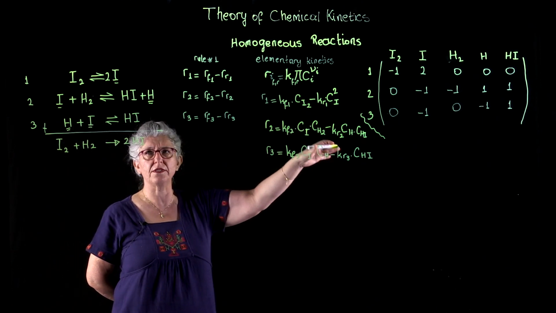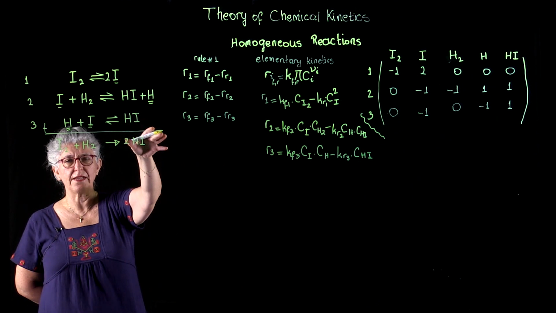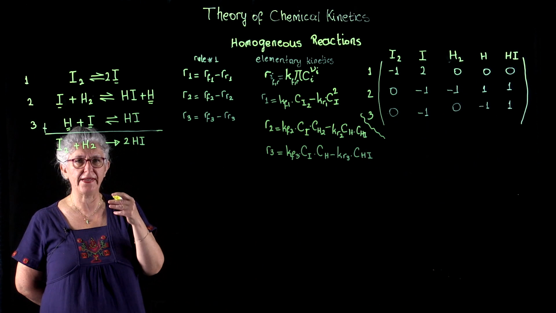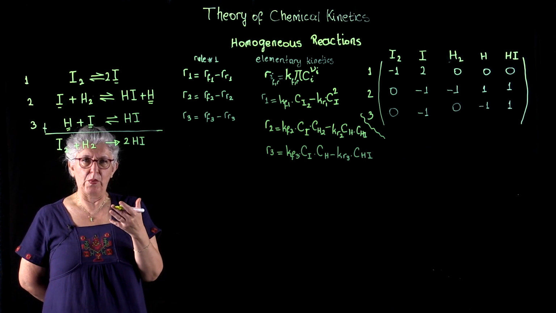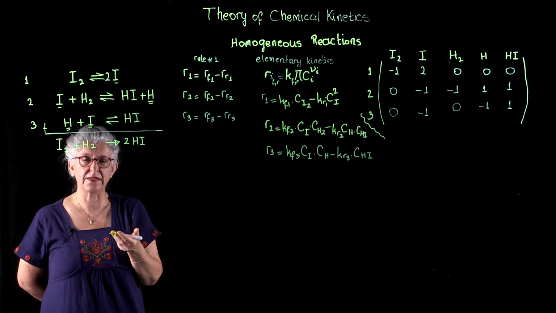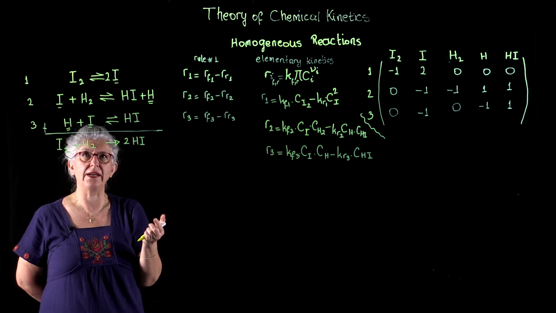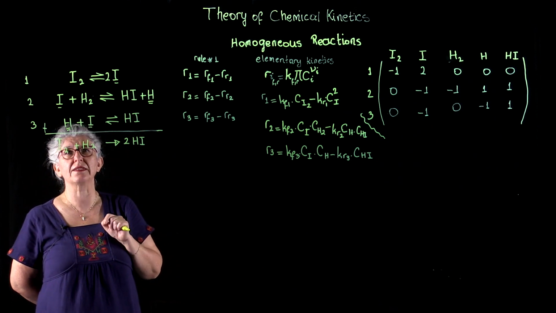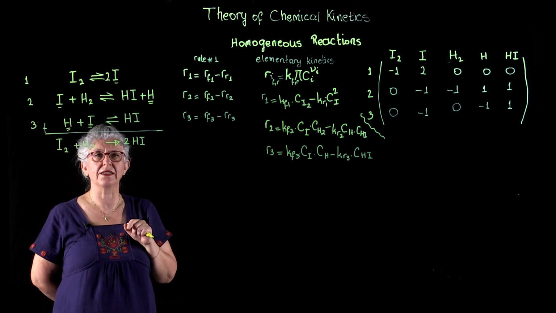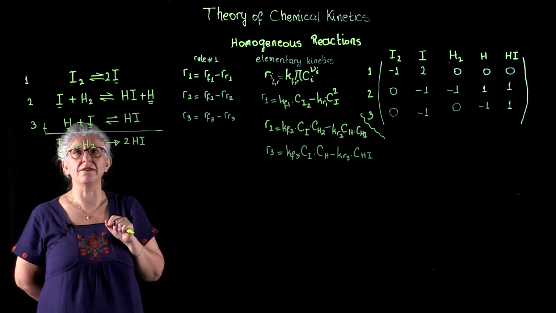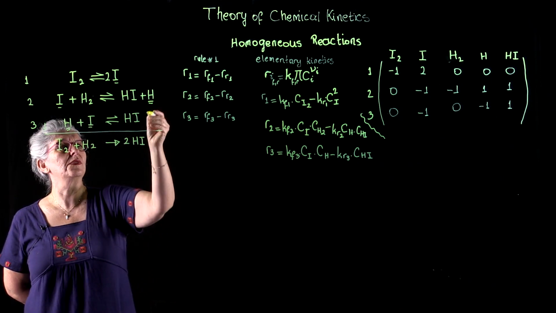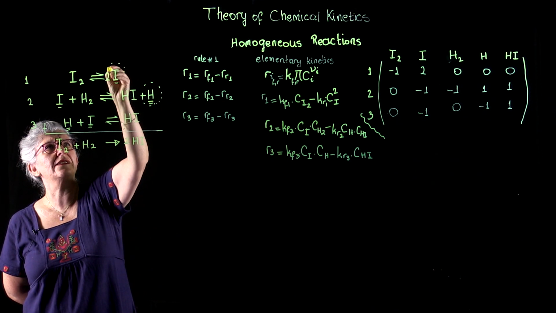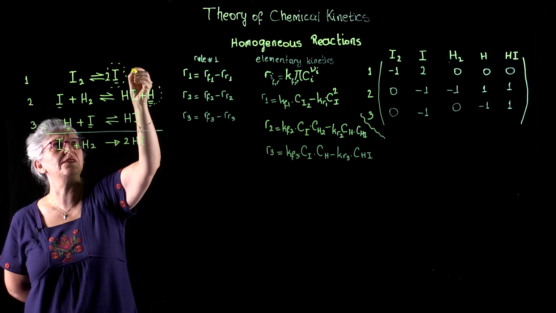We have our stoichiometric matrix. This is the mechanism that we have to deal with, and our objective is to come up with a rate expression with dependencies on temperature and on concentrations of measurable species such as iodine, hydrogen, and hydrogen iodide. Here we assume that hydrogen atom and iodine atom are short-lived intermediates.